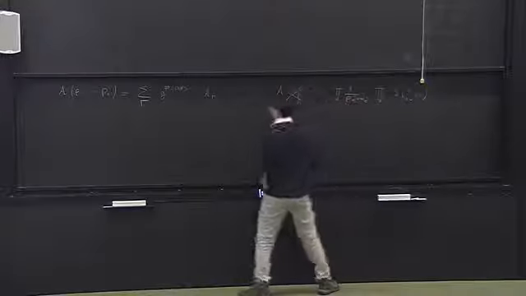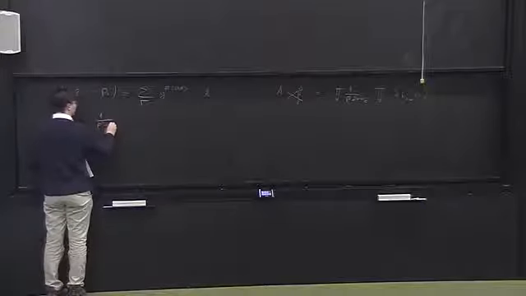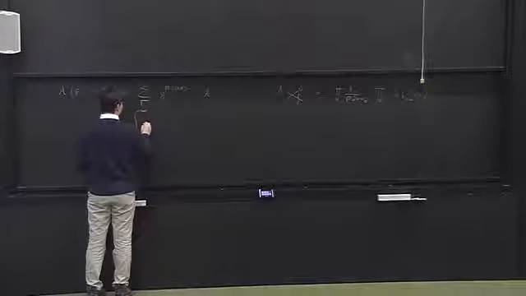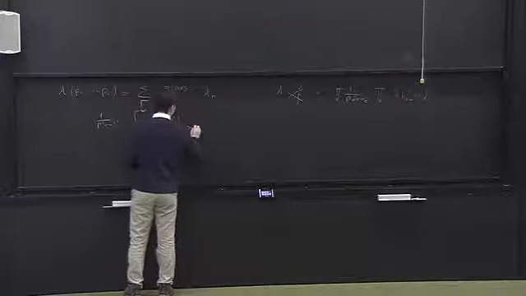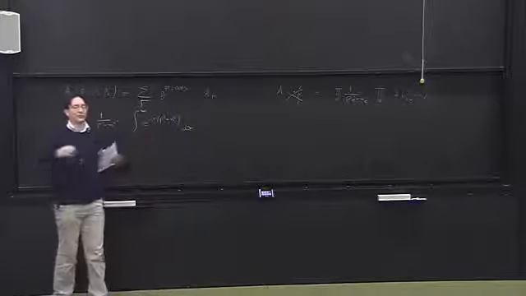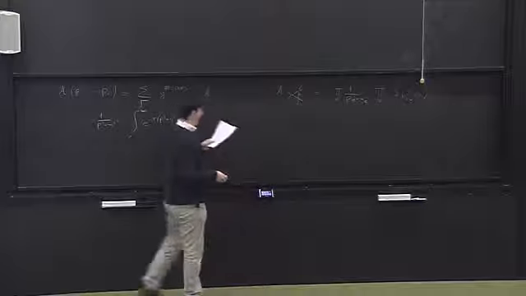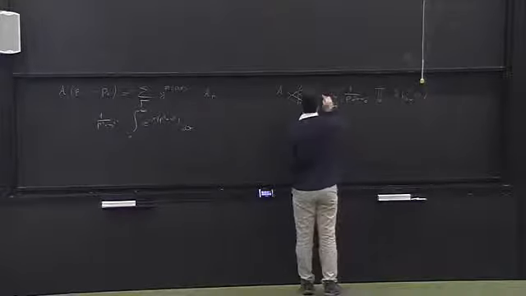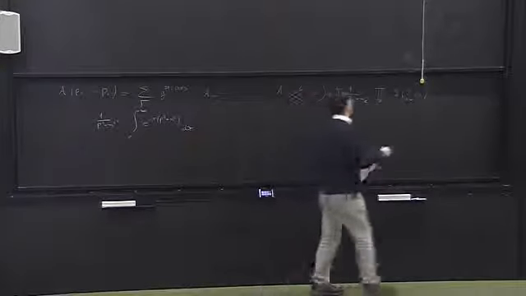So you can write your propagators like this. You introduce a proper time for each of these edges. After you do that, everything becomes Gaussian in the momentum. I should put some integral of the momentum.